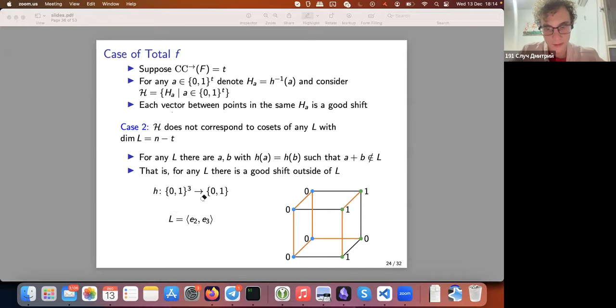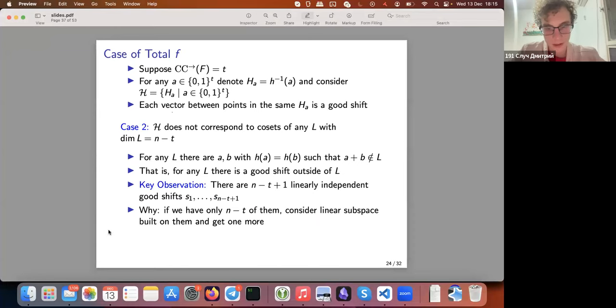We use that observation to get that there are n minus t plus 1 linearly independent good shifts.